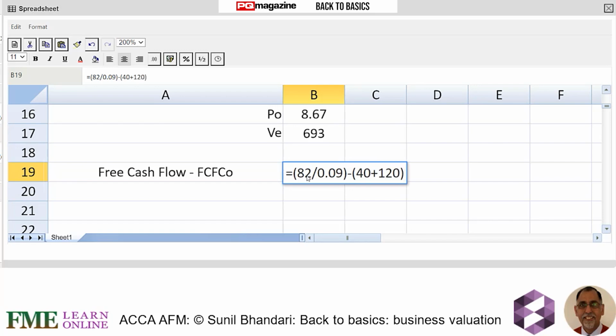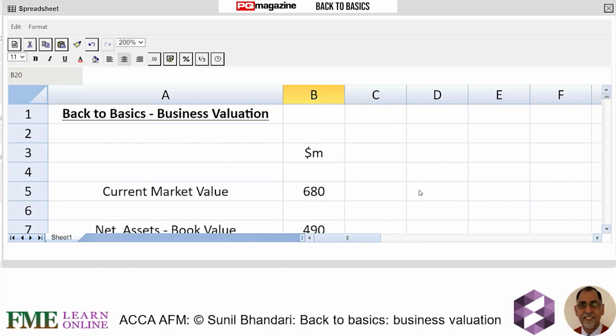So 82 over 0.09 is the value of equity and debt taken together. Deduct from there the market value of the long-term debt, which I've assumed is the book value, and that gives me the valuation of the equity at 751 million.